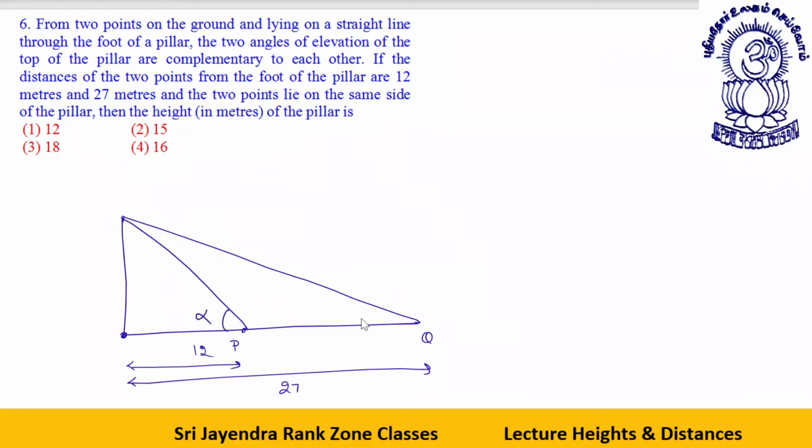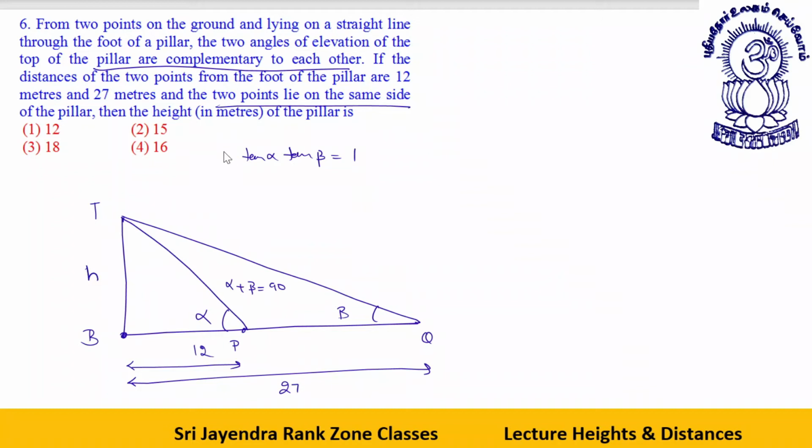These angles are given to you as complementary. The 2 points lie on the same side. This is the base, this is the top. You have alpha plus beta is equal to 90 degrees. So tan alpha into tan beta is equal to 1.